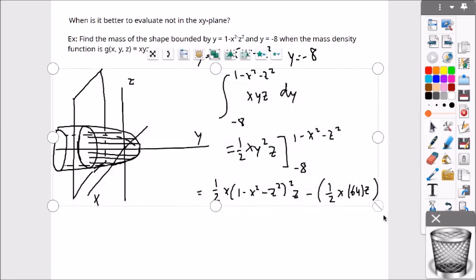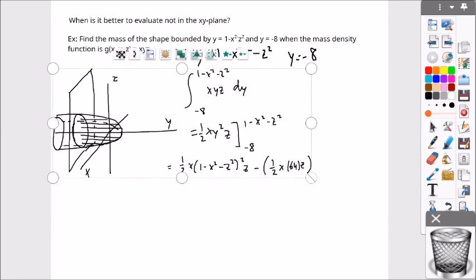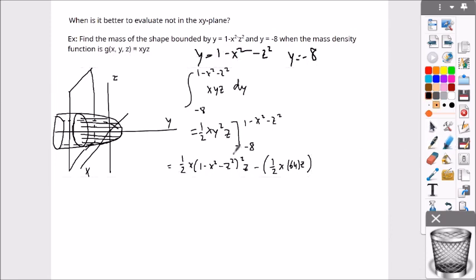Alright. How do we FOIL this? I'm just going to FOIL real quick. You guys can work on it if you want to, but I'm not going to waste time. I'm just going to FOIL it in my head. This is 1 plus x to the 4th plus z to the 4th plus 2x squared z squared plus 2x squared plus 2z squared.